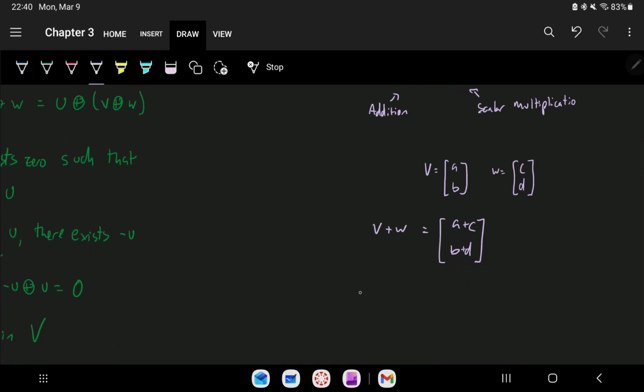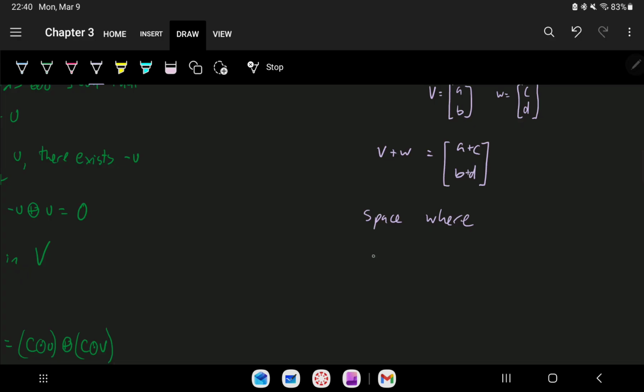So say that I want to introduce a space where the funny plus, V ⊕ W, instead of being equal to (a plus c, b plus d), maybe it's equal to (a minus c, b minus d). Or maybe it's equal to (2a minus c, 2b minus d), so on and so forth. We can define the rules of addition.